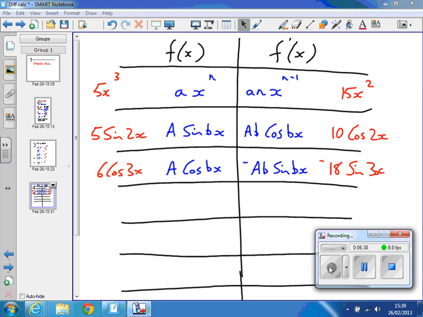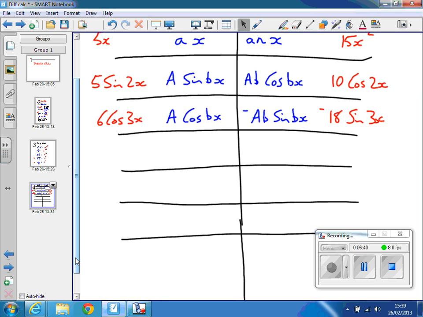So one or two special functions now. The first function is going to be the exponential function, a e to the kx. Similar to the first one, the k comes down and multiplies by the a, so ak e to the kx, and now the power remains unchanged.